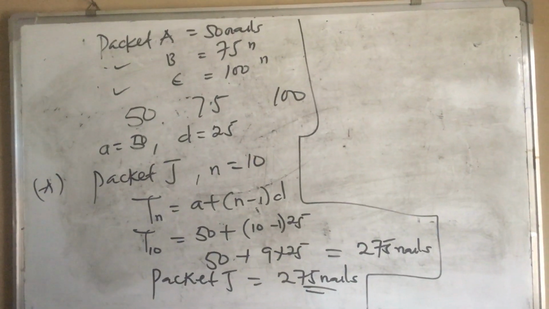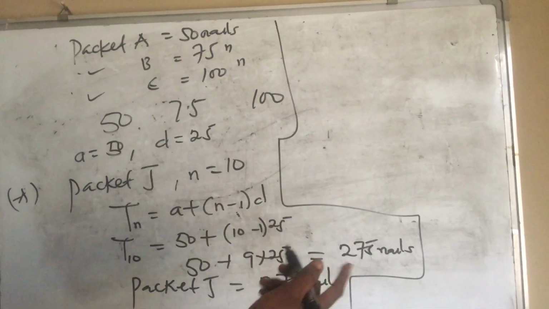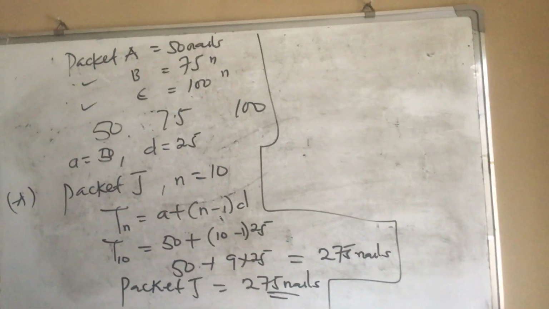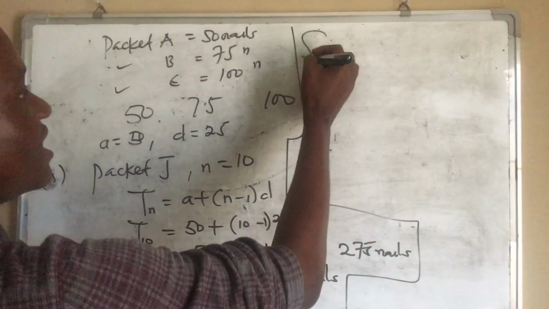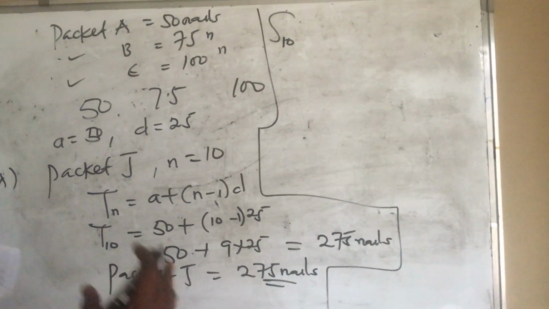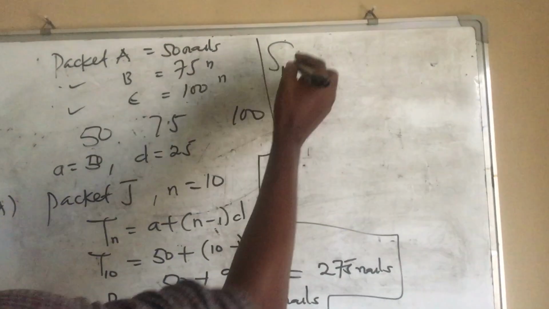If you start finding it one by one, that would be a stress. So they are asking for the sum S10, since Shand is buying packets A to J.